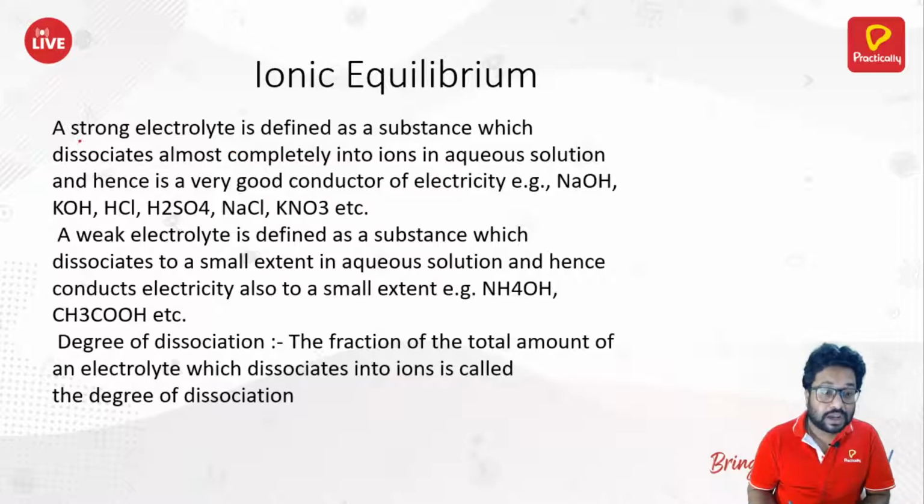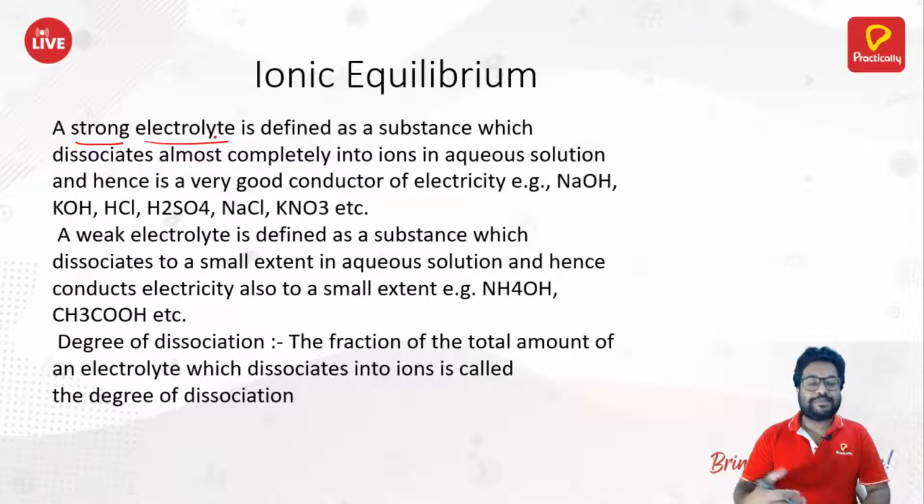So, a strong electrolyte. See, there are two types of electrolyte. What is meant by electrolyte? It is a substance which dissociates almost completely in a given solvent. Now, not every substance dissociates completely. Some substances dissociate completely; we call them strong electrolytes.